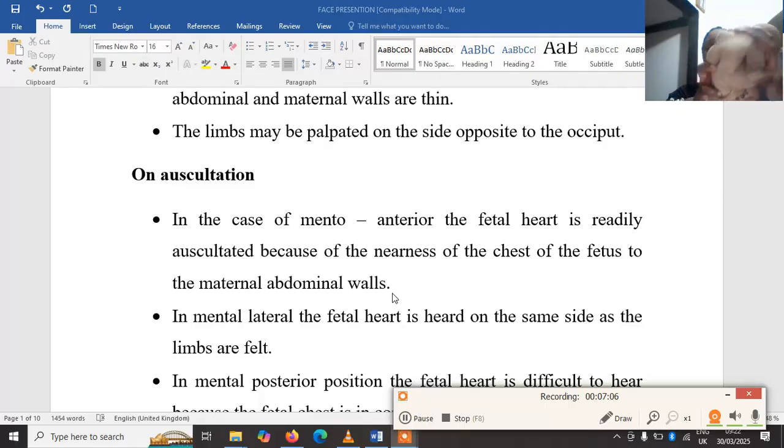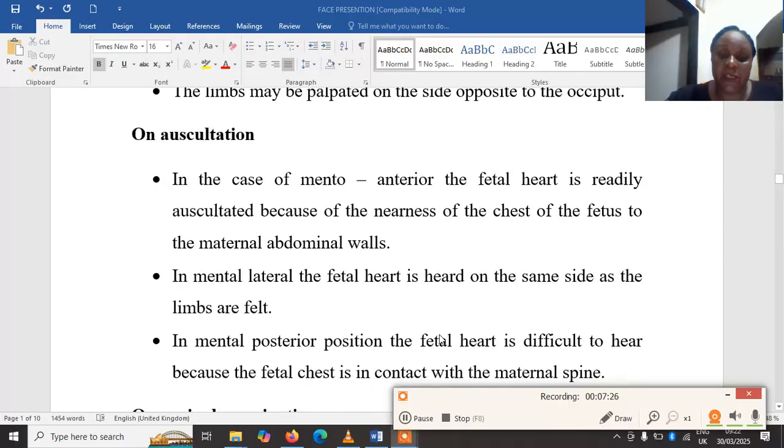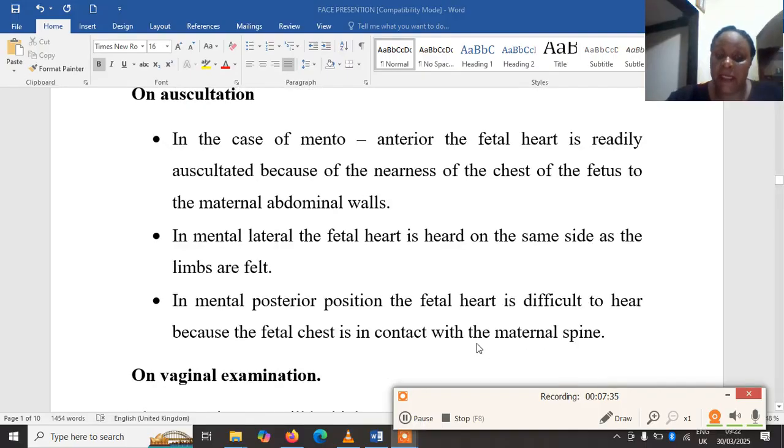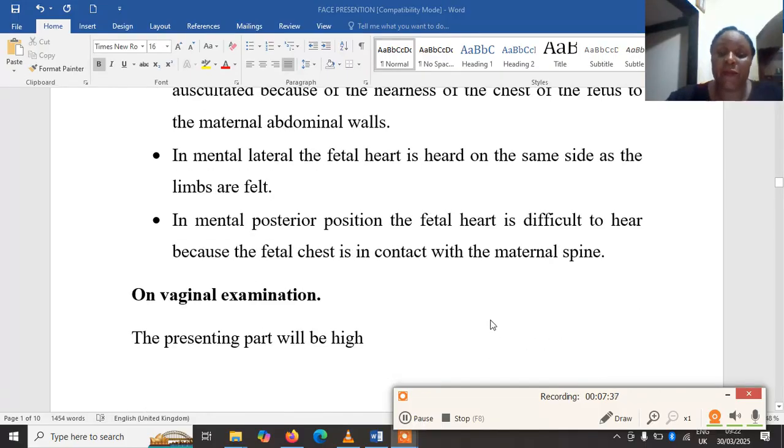But if the mentum is posterior, it is really very hard to auscultate the fetal heart. In mento-lateral, the fetal heart is heard on the same side as the limbs, and in mento-posterior position, the fetal heart is difficult to hear because the fetal chest is in contact with the maternal spine.